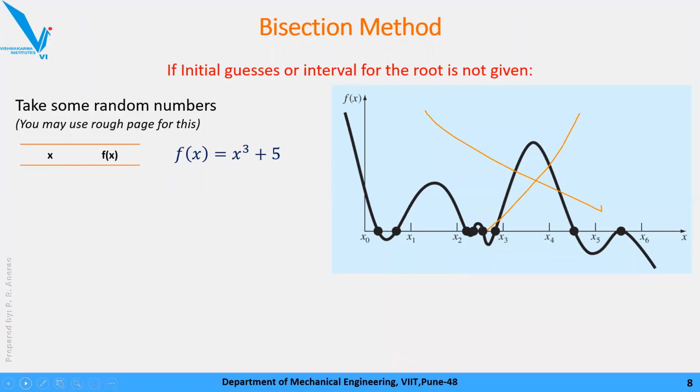Okay, so for sake of understanding, please take out your calculator. Assume that the function of x is equal to x cube plus 5. This is your function, and you want to find the root of this equation and you don't have initial guess. How to proceed? So in that case I'll show you by using calculator.